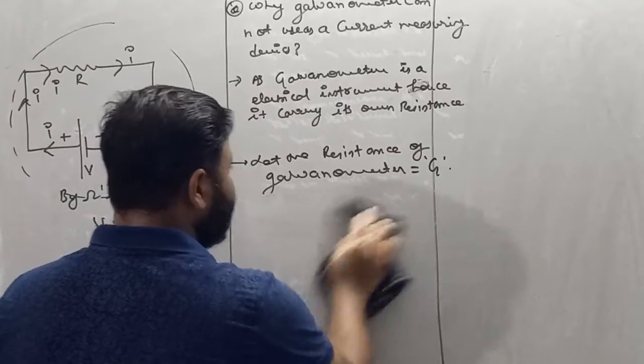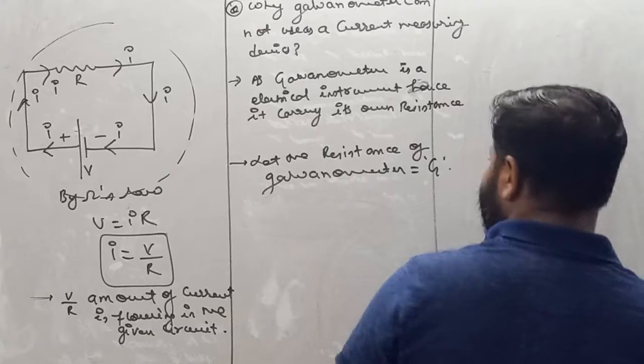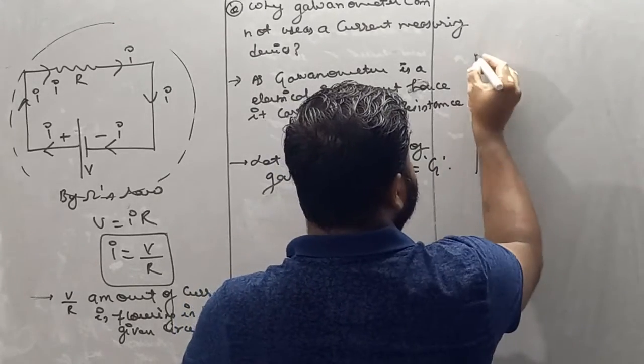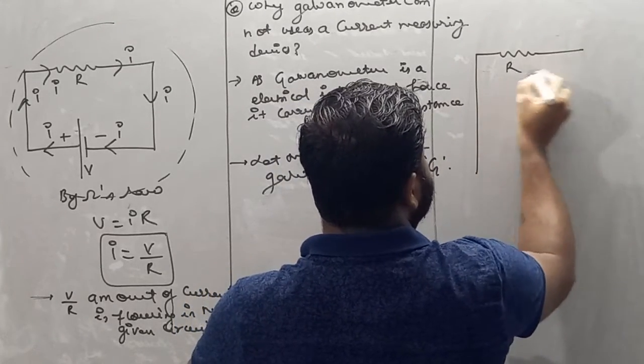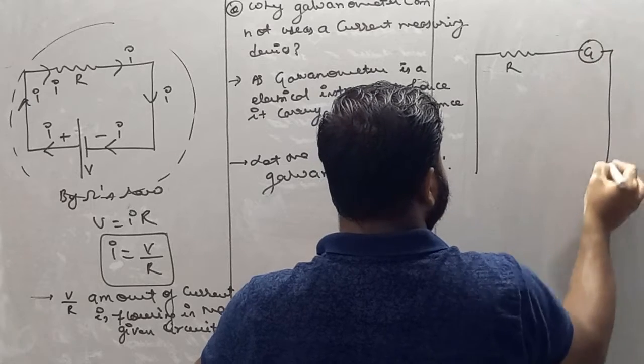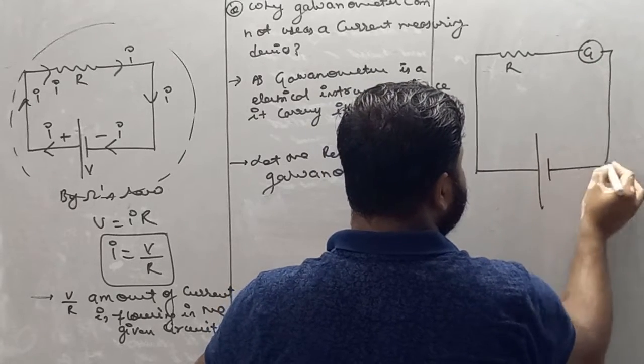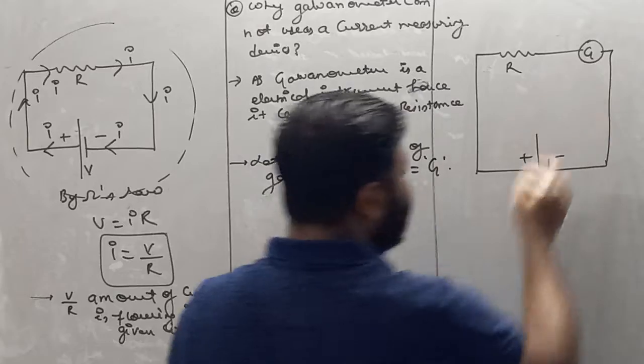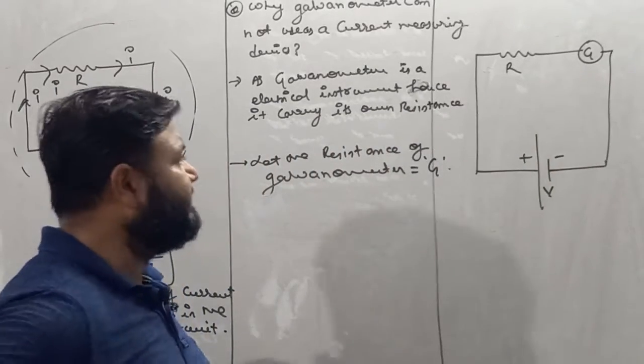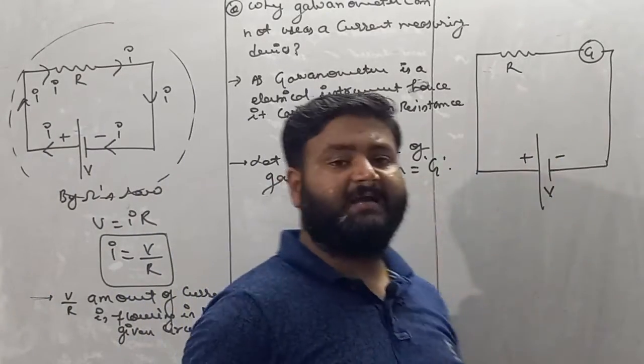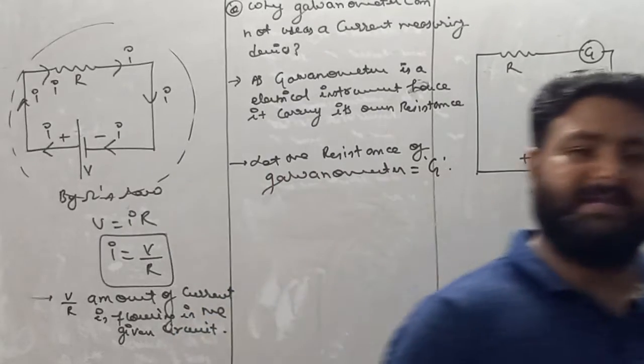So let's suppose I'm connecting a galvanometer in this circuit. The circuit has resistance R and the resistance of the galvanometer is G. We are connecting the galvanometer in series because we know that a galvanometer is always connected in series.